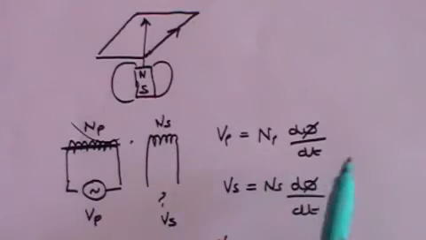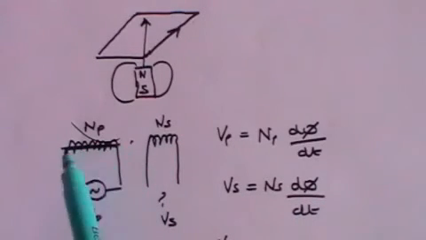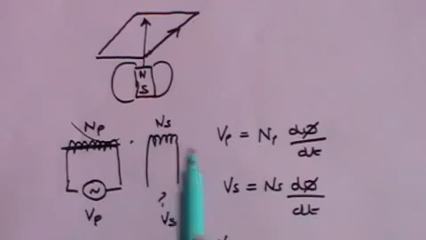So the idea that these two rates of change of flux are the same is theoretically true, but in practice it isn't, because the rate of change of flux inside the solenoid is quite different from the rate of change of flux outside the solenoid applying to this coil here.